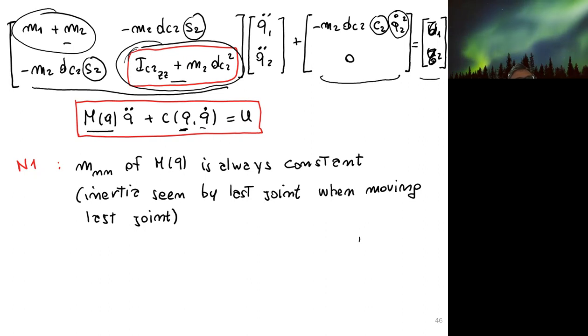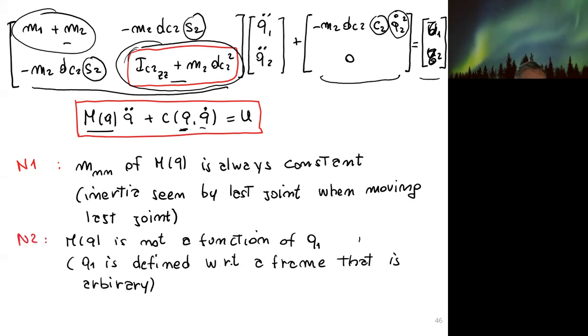So the inertia seen by the last joint whenever this joint is moving, and whatever is attached to the very last joint is just the last link, and the last link is a rigid body, so its inertia is not changing in the configuration. But instead, if you consider the first joint and you move the second joint, you will see that the inertia changes because the second link is moving and locating itself in a different position with respect to the first.